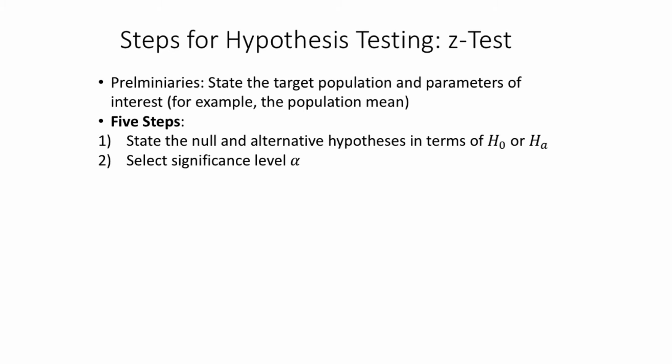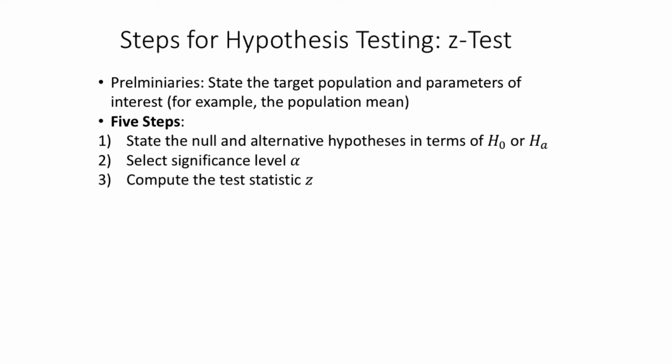Alpha we typically set to 0.05 by convention in the social sciences, but in some research fields, people use a different level of alpha. That just reflects a different perspective on how willing people are to make a type 1 error. In some fields, they don't want to make a type 1 error very frequently, so they set alpha to a lower level, 0.01 rather than 0.05.